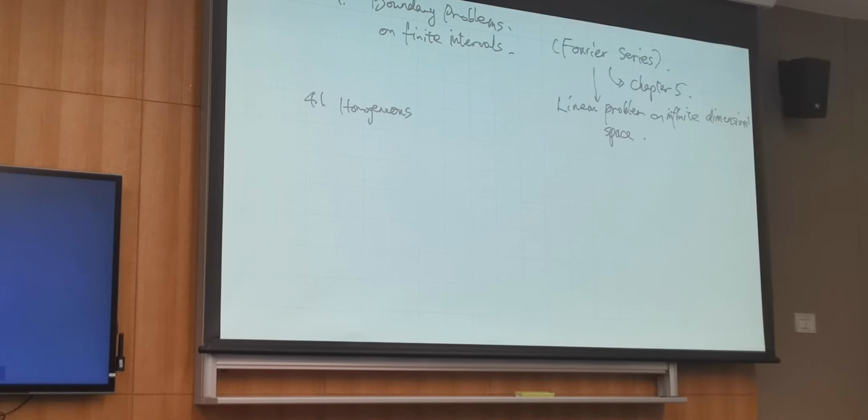Let's start from the homogeneous Dirichlet conditions, which is again for the wave equation, u_tt equals c squared u_xx, where x belongs to only 0 and L. My boundary conditions are u(0,t) is 0, and also u(L,t) is 0.